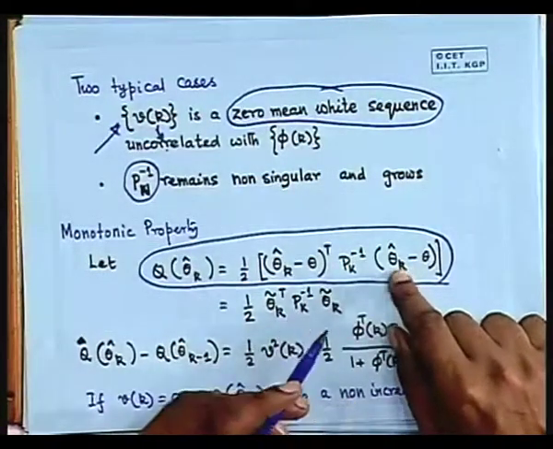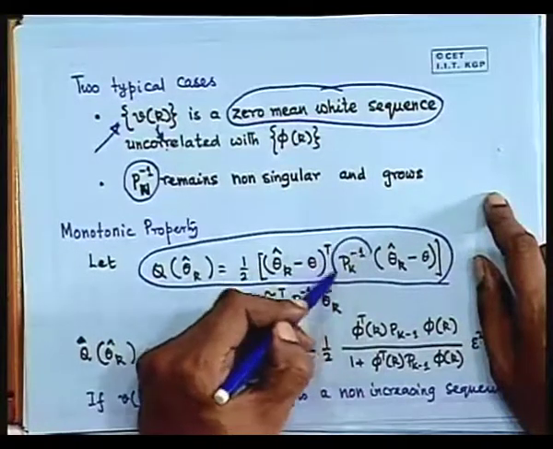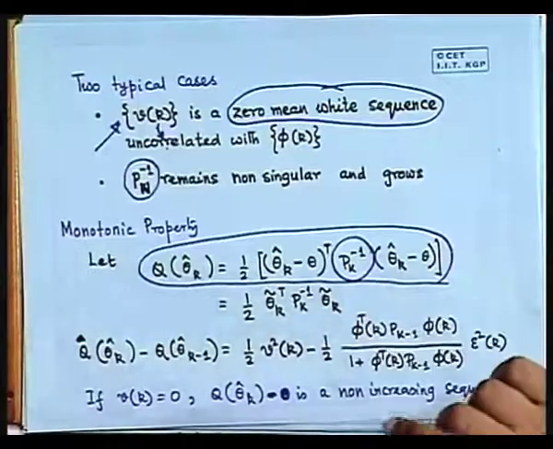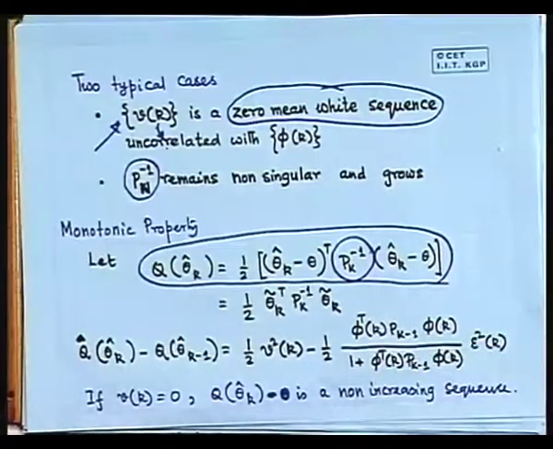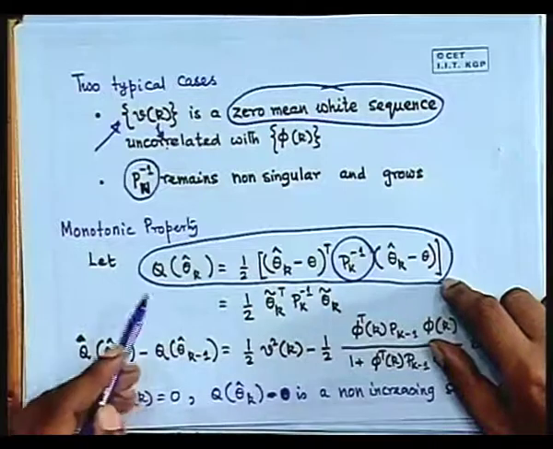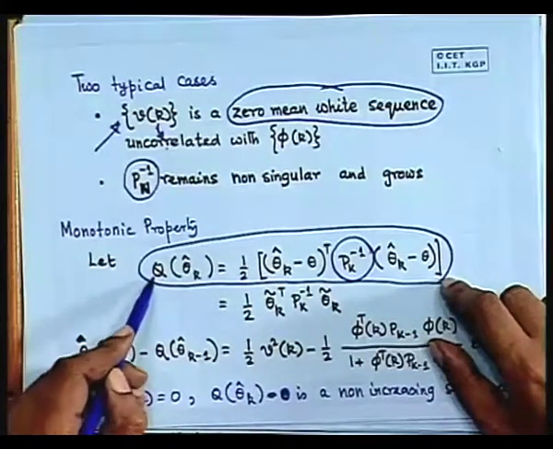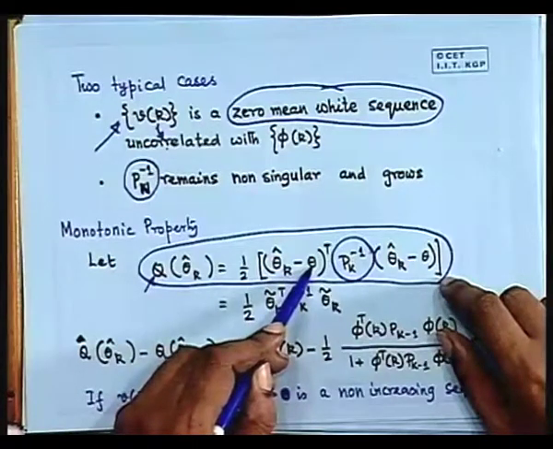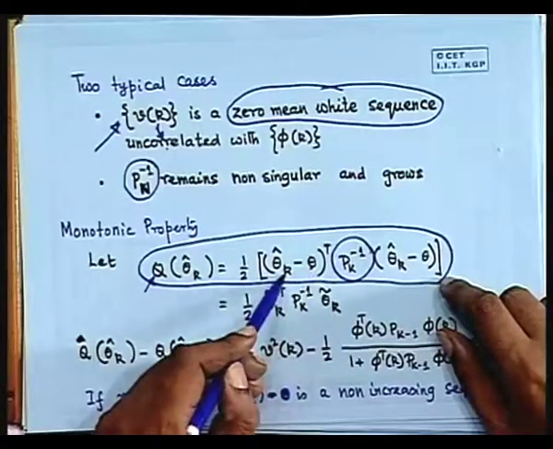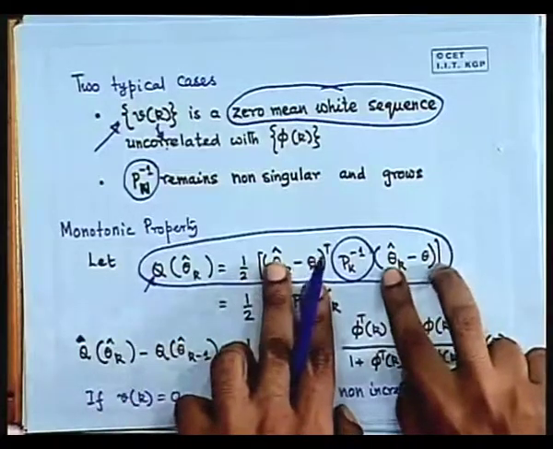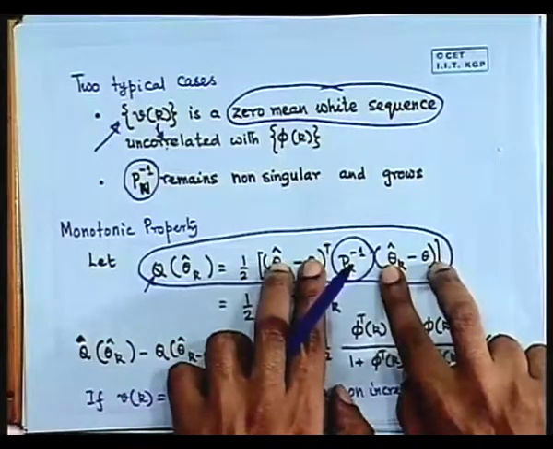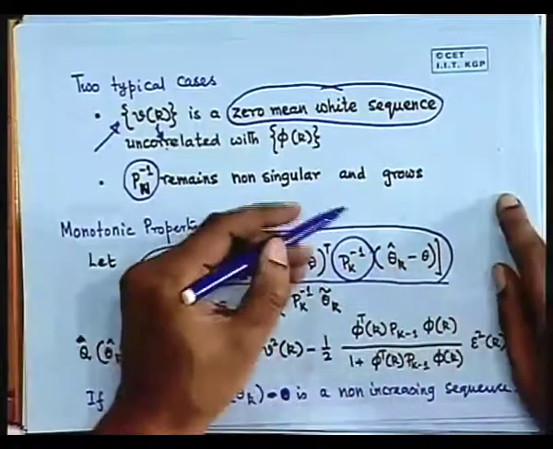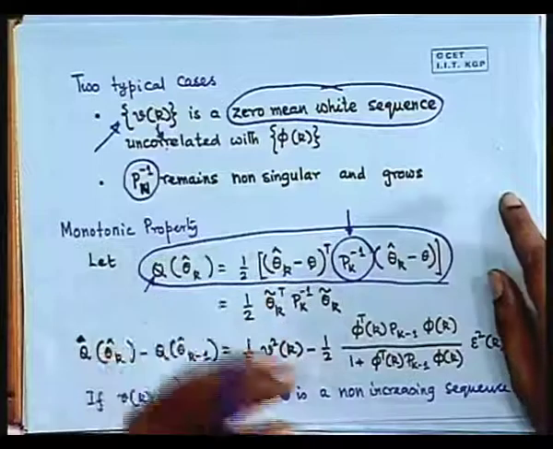The reason is that you have put this pk inverse. There is a reason why you have put this pk inverse that we will soon come to, but suppose you define a performance index like this, where theta k minus theta naught, theta naught being the true one, and this is your estimate. So you are taking a weighted sum of the error in your estimate, right, and you have chosen the weight to be pk, so the weight is also changing.